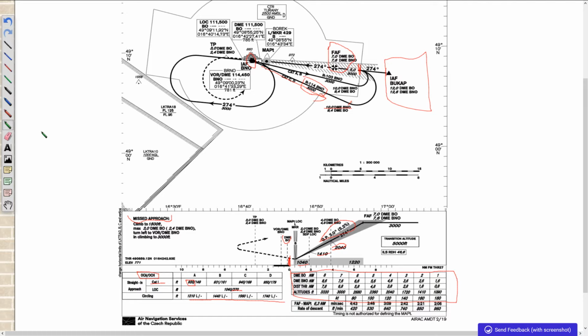You will use the VOR, or you probably do not have the VOR, so you can use the NDB procedure, which is another type of approach. NDB and TACAN approaches are non-precision approaches.